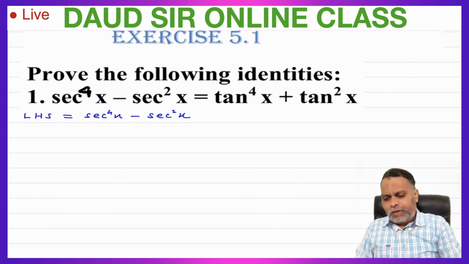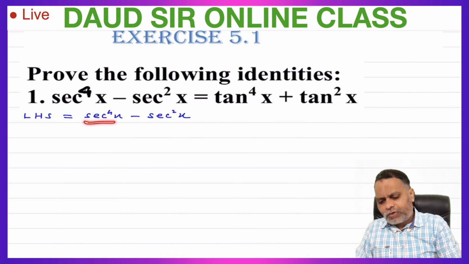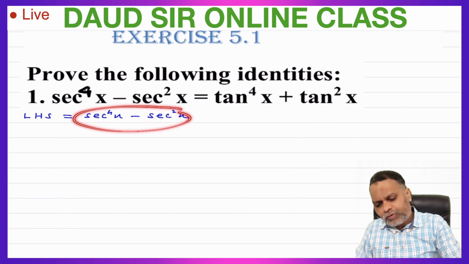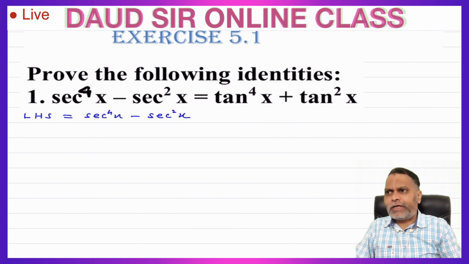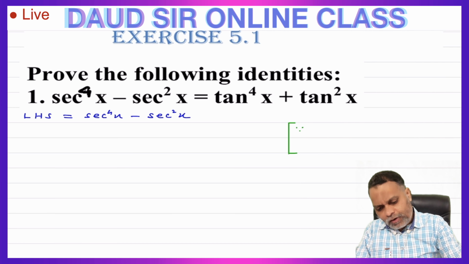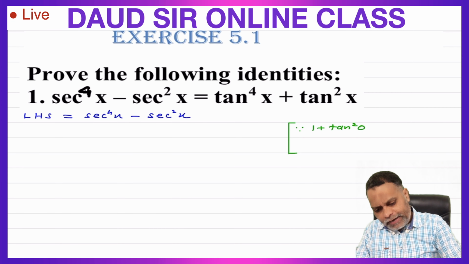So here, sec raised to 4x minus sec square x, we have to convert into tan raised to 4x plus tan square x. For converting sec x into tan x, we have the identity: 1 plus tan square theta is equal to sec square theta.